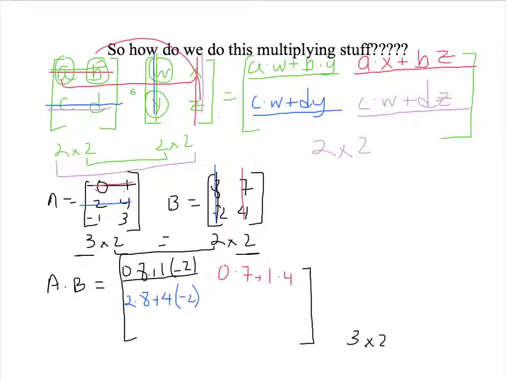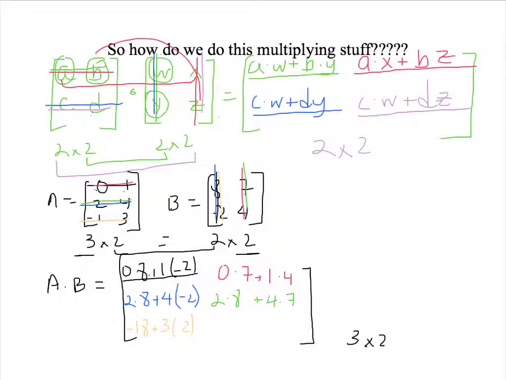And now I am going to do second row, second column. So I do 2 times 7 plus 4 times 4. Moving right along, I'm in the third row, first column. -1 times 8 plus 3 times -2.